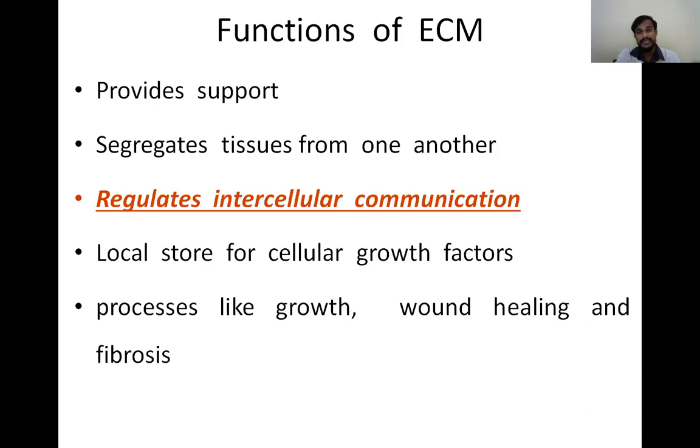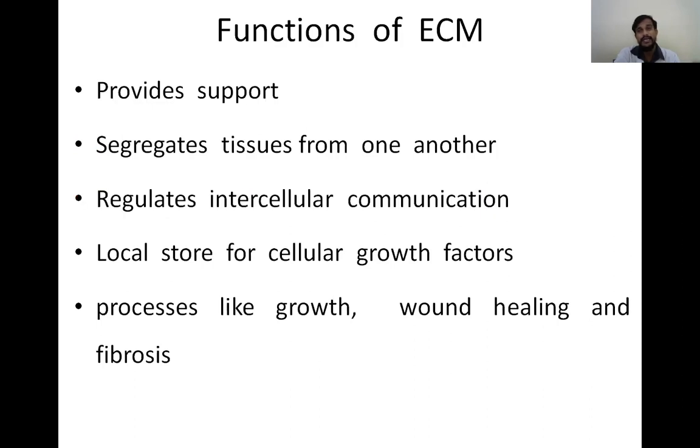They regulate intercellular communication because the extracellular matrix is present in between cells. And the cellular growth factors which are present outside the cell are stored in the extracellular matrix, and this helps in processes like growth, wound healing, and fibrosis.